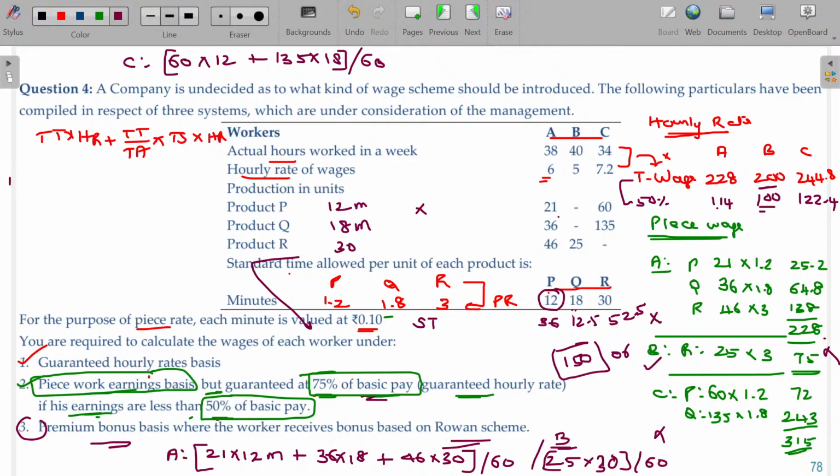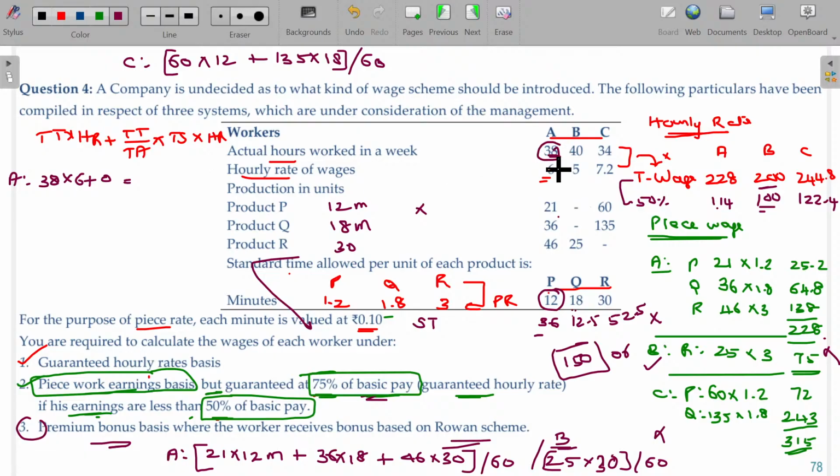For A, time taken being 38, hourly rate being 6. But standard time is 36, so he has not saved any time, so he is not eligible for any incentive. The final salary for A being, you multiply these two. We don't have any incentive.